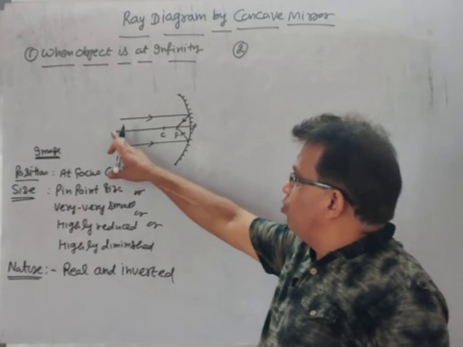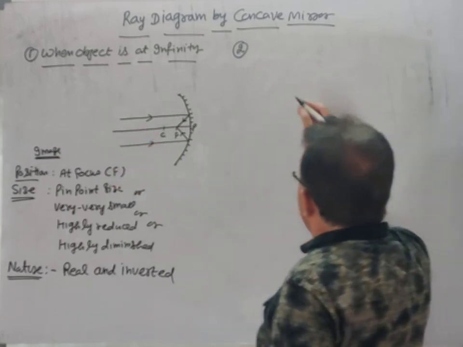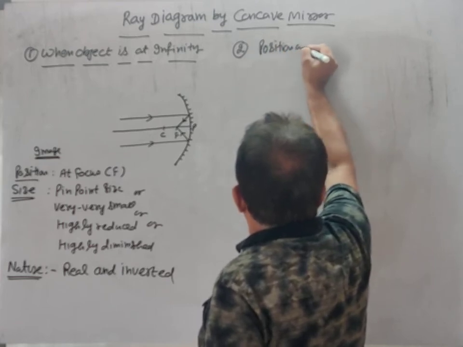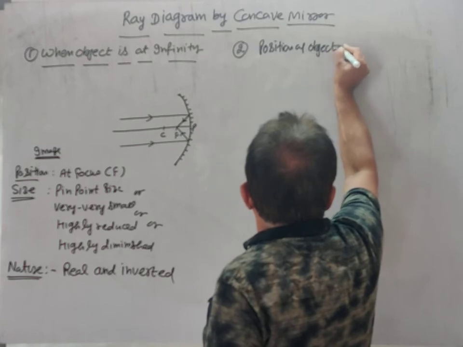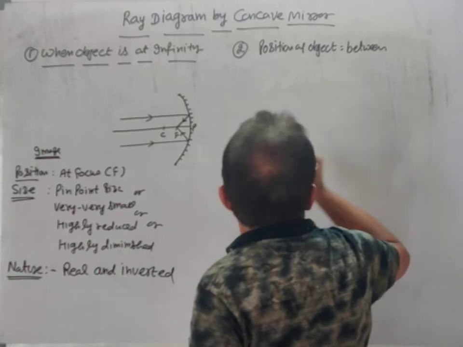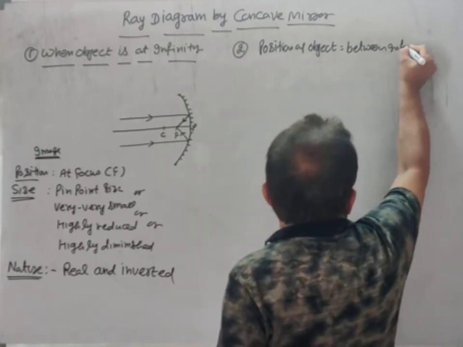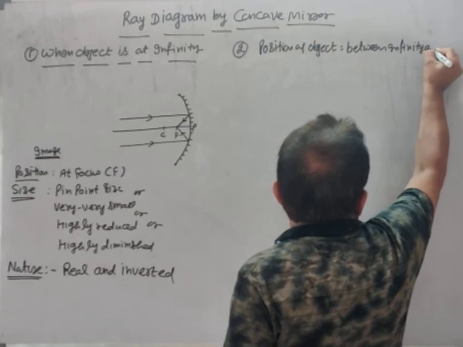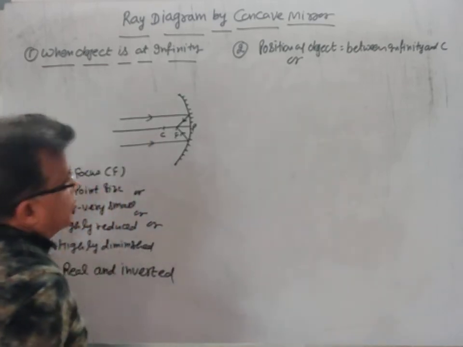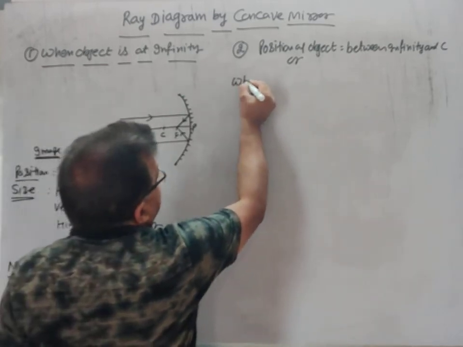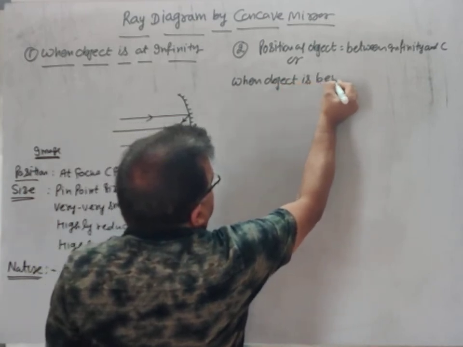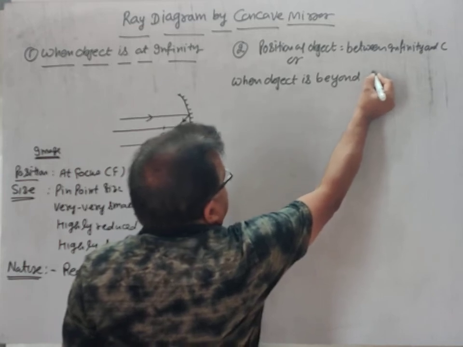Now for the second one I have told you, between infinity and C. So the position of the object is between infinity and C. It can also be asked as, what is the position beyond C, or when the object is beyond C, that is, the center of curvature.